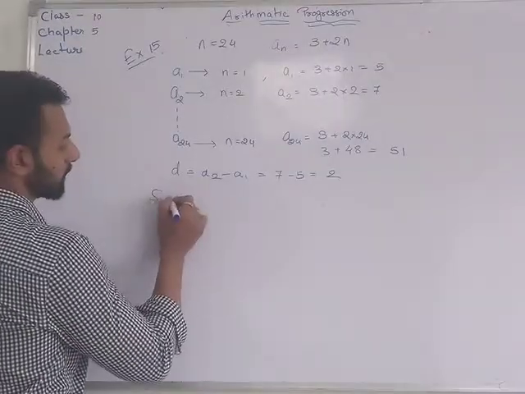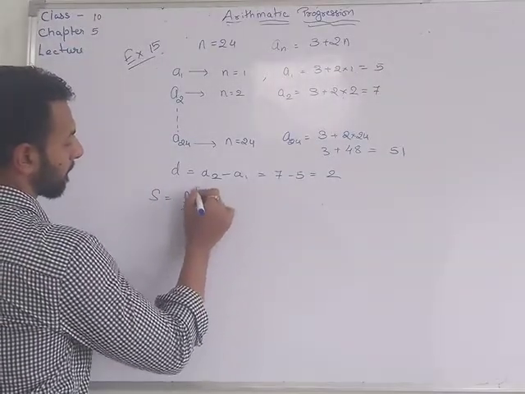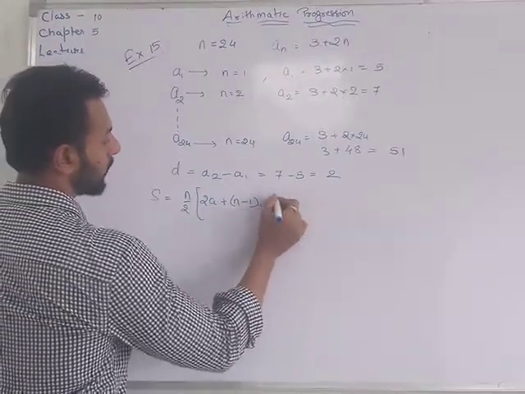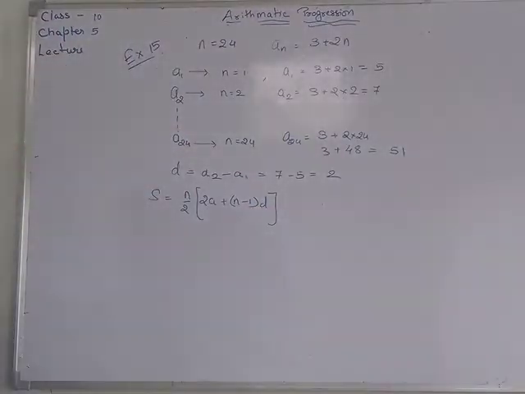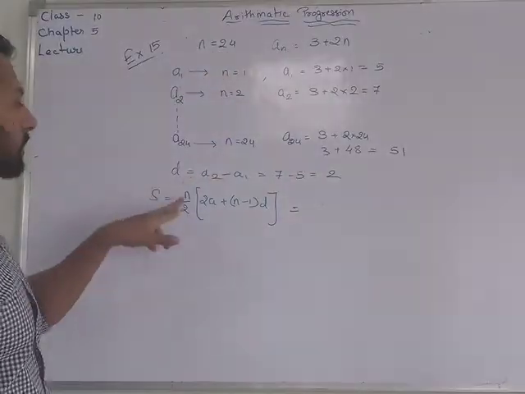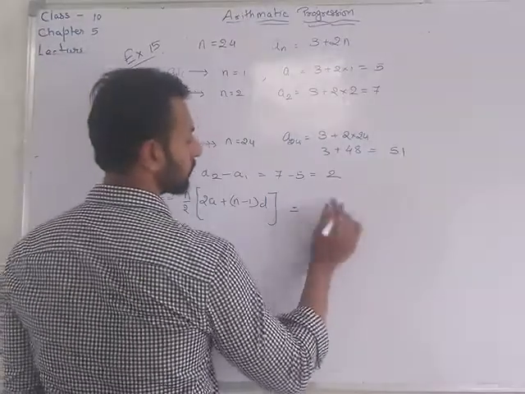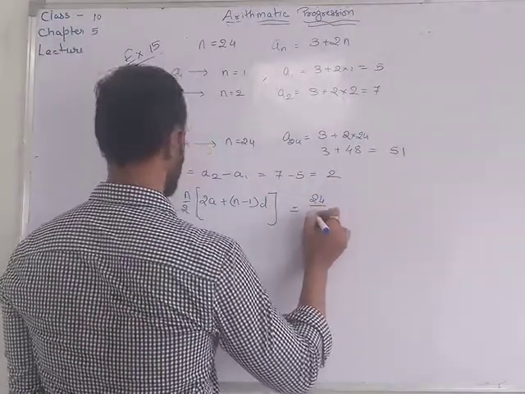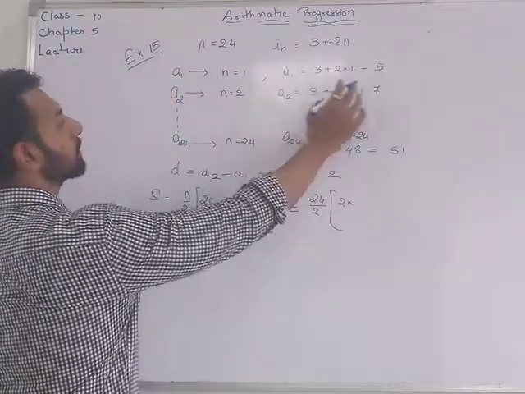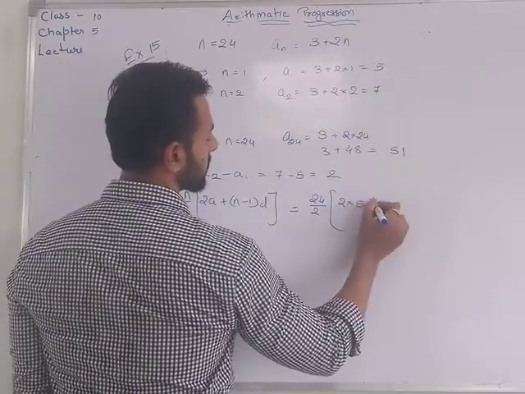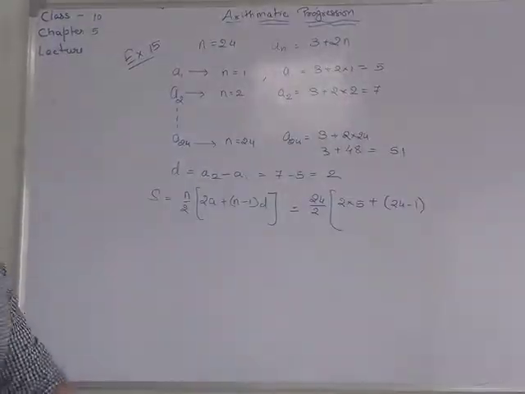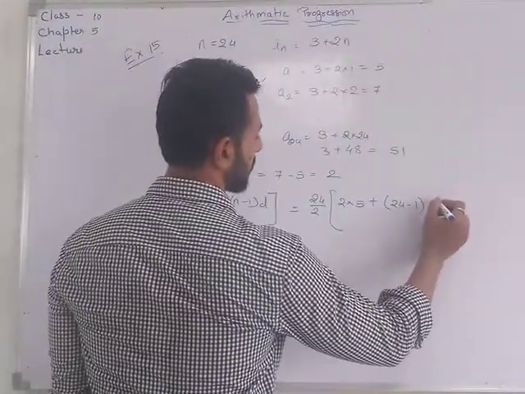Now writing the formula for sum, n by 2 into twice of a plus (n minus 1) into d. Substituting the values, we have to find out the sum of first 24 terms, so n is equal to 24. 24 by 2 into twice of a, which is 5, plus (24 minus 1) into d, and d is 2.